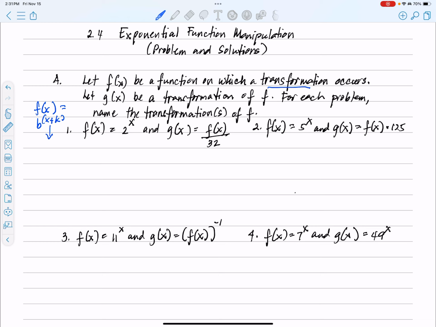Okay, where b to the x plus k, where k is shift left or to the right.